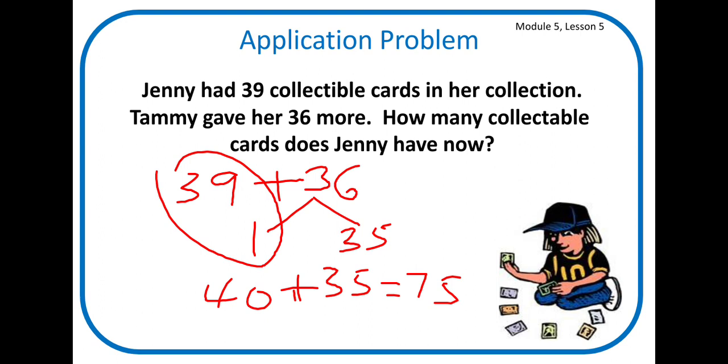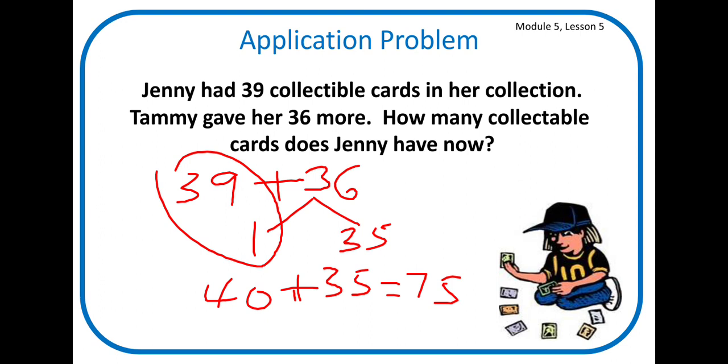Here's this application problem. Jenny had 39 collectible cards in her collection. Tammy gave her 36 more. How many collectible cards does Jenny have now?